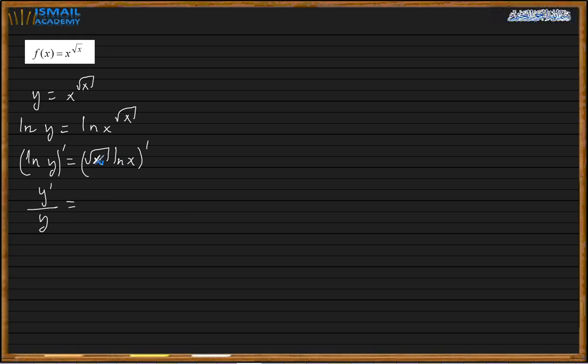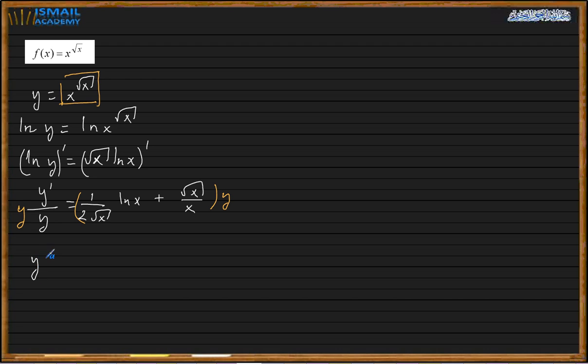So here I do a product rule, so it's going to be 1 over 2 square root of x ln of x plus square root of x, and the derivative of ln of x is 1 over x, so it's going to be just that. Now, because I'm looking for y prime, I multiply both sides by y, and keep in mind y is this expression.